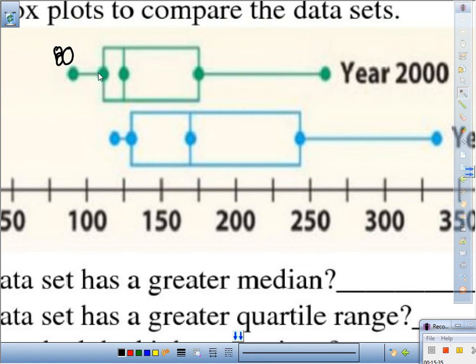So what would be Q1, Armando? Well, let's see. This is 125 over here. This is about halfway, so how much would that be? 115. How about Q2? Abraham. 125. How about Q3? Kiana.